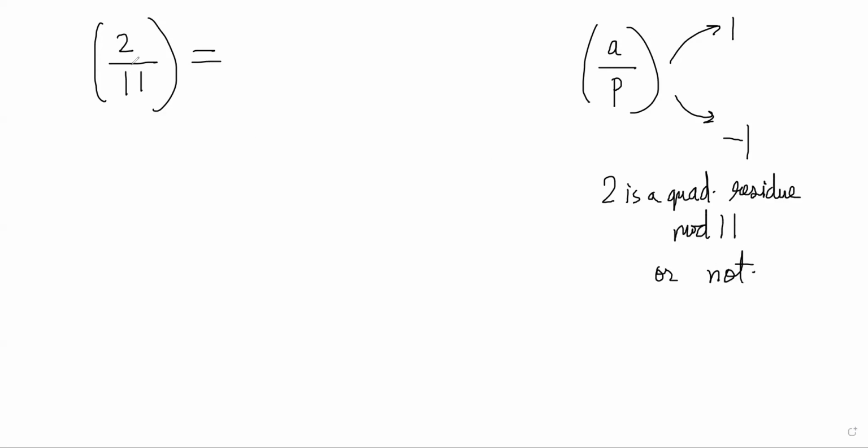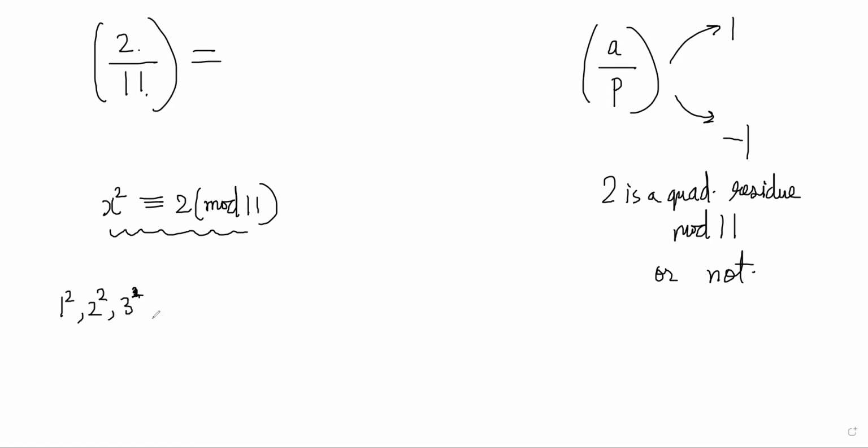What is the meaning of that? Is there a solution to the equation x squared congruent to 2 mod 11? If there is a solution, 2 is a quadratic residue mod 11, right? So if you take all of the squares from 1 squared till 10 squared, in order to find out the quadratic residues mod 11.